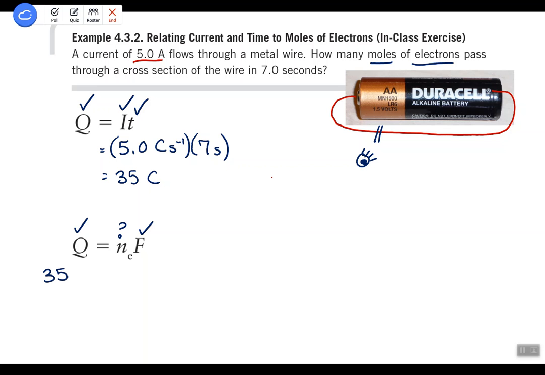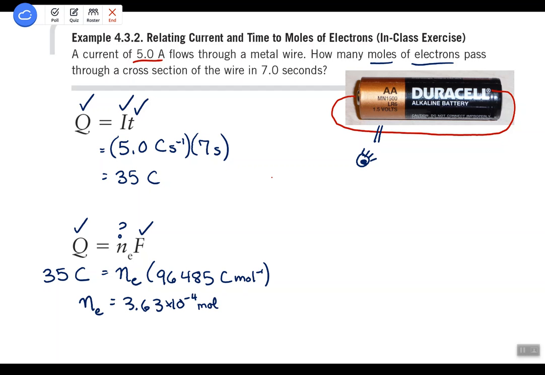Well, 35 coulombs of charge is related to the number of moles of electrons that went by and Faraday's constant. Which tells me that I had 3.63 times 10 to the negative 4 moles of electrons pass by in 7 seconds.